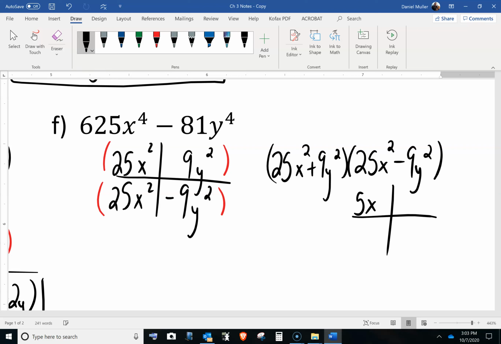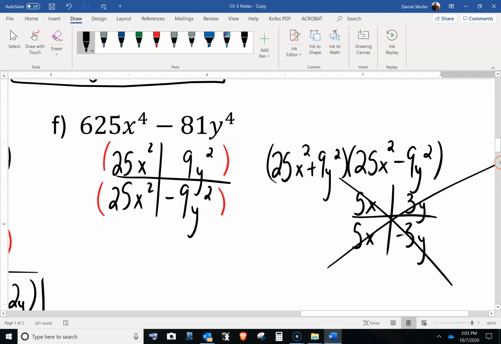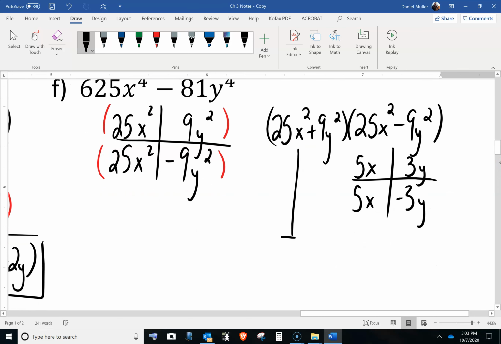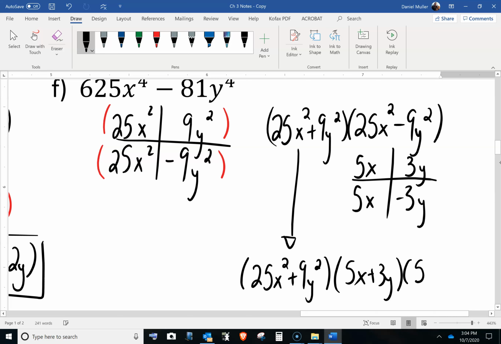A 5 with a single x, 5 with a single x, 3 and 3 single y's, and they're both the same, and one's a negative. So this diagonal is negative 15, and that's positive 15, so it'll cancel out. So I'll bring that one down. So I've got a 25x squared plus 9y squared. And then I've got my 5x plus 3y that I just did, and then a 5x minus 3y.